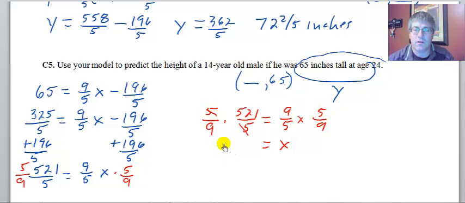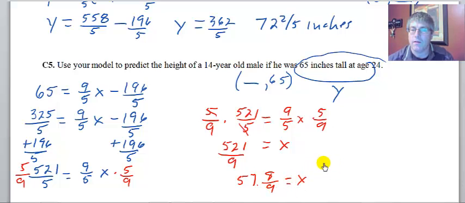Our 5's cancel, and we get 521 over 9 equals x, which simplifies to 57 8/9 equals x, or 57 8/9 inches. So if you grew to be 65 inches tall at age 24, you were probably about 57 8/9, about 58 inches tall when you were 14.